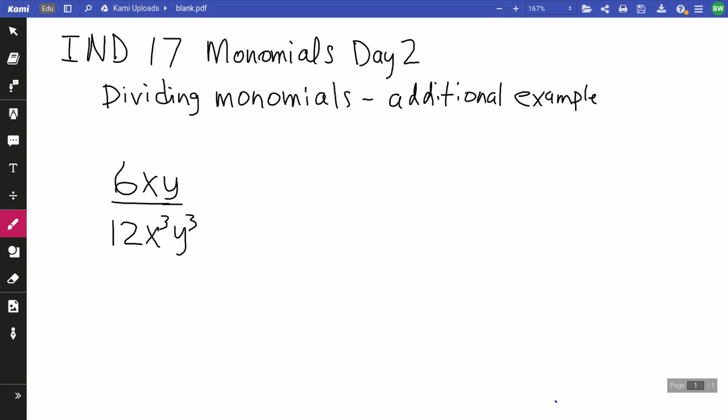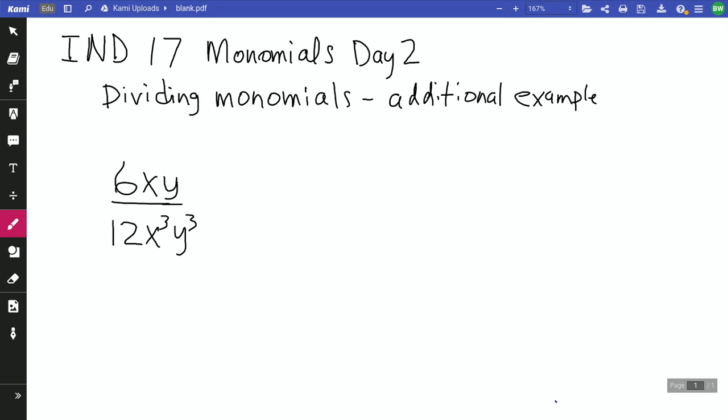Okay, so I'm doing this short extra video to show one more example for indicator 17, monomials day 2, dividing monomials. In the examples that we had, the number in the numerator was larger than the number in the denominator, and they divided nice and evenly.